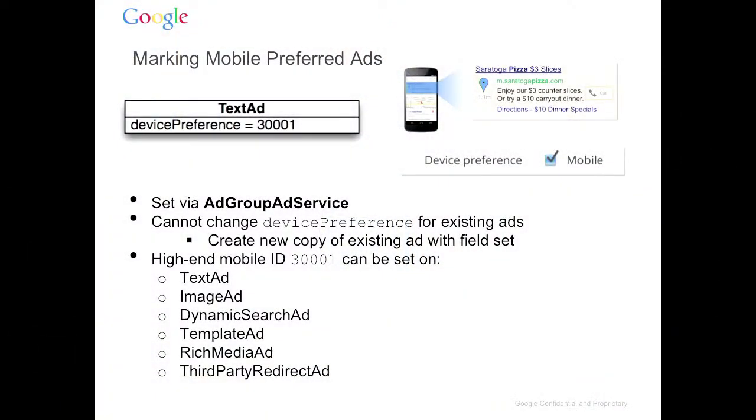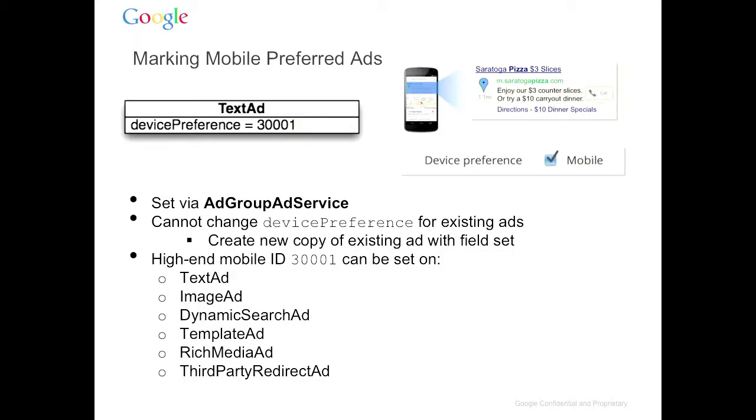The other thing that enhanced campaigns provide support for, something Aaron mentioned earlier, is marking ads as mobile preferred. This is another way to target things specifically to mobile within one campaign without having to have different ad copy and different ad groups or different campaigns with different targeting criteria. You can apply this field, device preferred, on any type of ad, not just text ads.